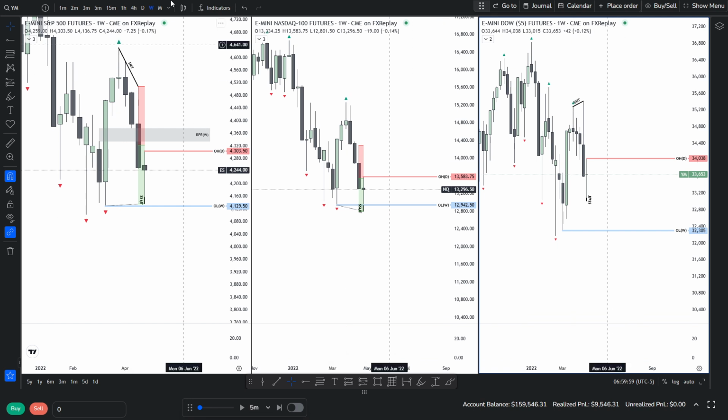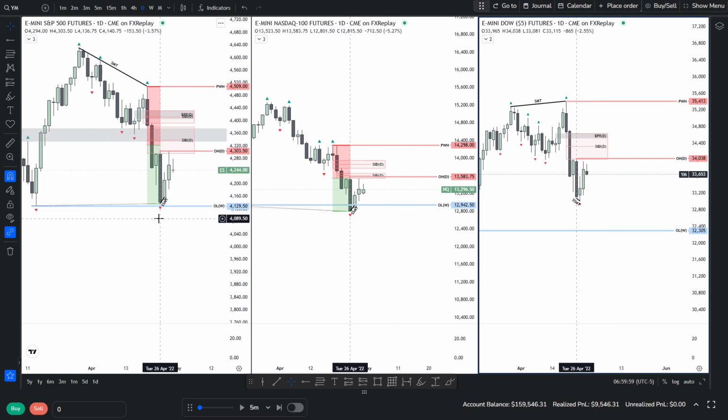So IOF certainly on the weekly is bearish, can see that, and certainly on the daily is the same. So we can take the same commentary. We can use that.